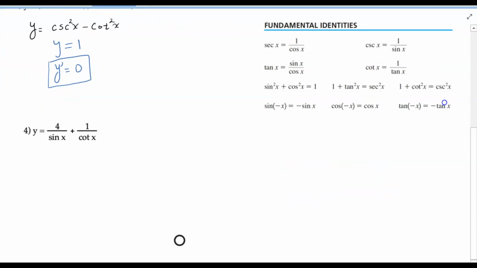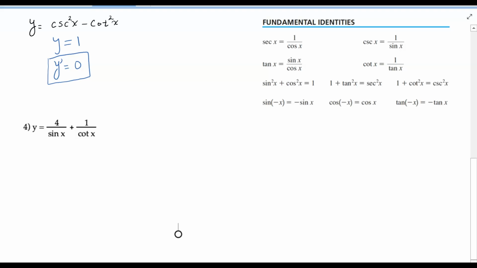Here on this example number 4, we're also going to make use of the identities. So first thing I'm going to do is rewrite it. I'm going to rewrite it as 4 over sine x. So 1 over sine x is this one right over here. And let me highlight that. 1 over the sine of x is the cosecant of x. So I'm going to write it as 4 cosecant of x.